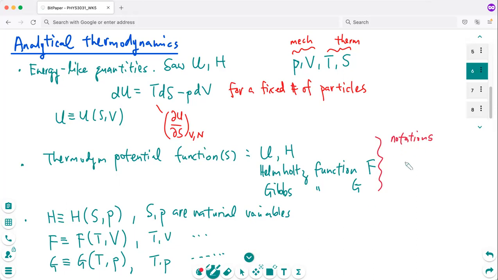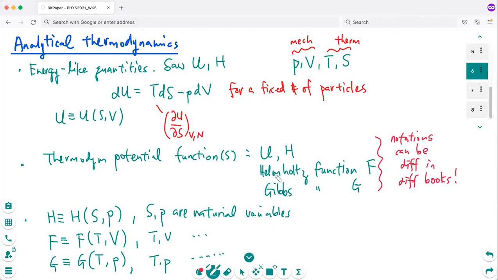So the notation can be different in different books. So this is a fair bit of warning that you need to pay attention. And the other thing, of course, is to check the sign of the first law. This is another thing I mentioned earlier.